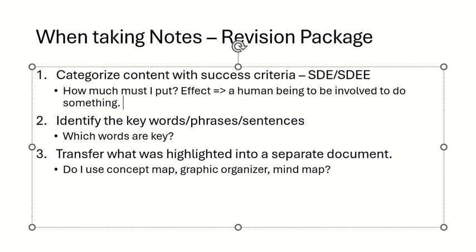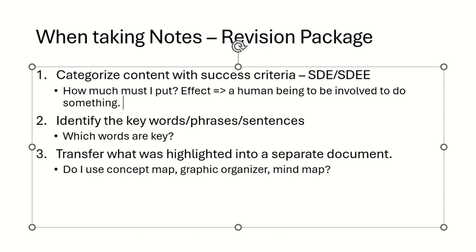So for example, if we talk about economic sustainability in tourism, yes, they want to ensure that there is job opportunities for the locals. Okay, once you talk about the locals, there is a human being involved, therefore there must be an effect. However, if we talk about tectonic, so I'm talking about explain the formation of volcanoes.